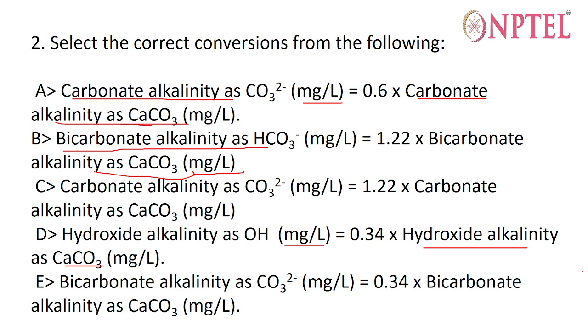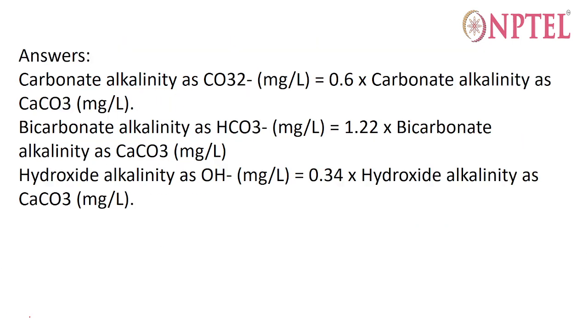Okay, so we'll go for the correct answer. Let's note it down, and I will explain why. This was asked as carbonate alkalinity as CO3 2 minus. Pardon the printing issue, typing issue. It's written as 0.6 multiplied by carbonate alkalinity as CaCO3, right? So we will see how this comes as 0.6.